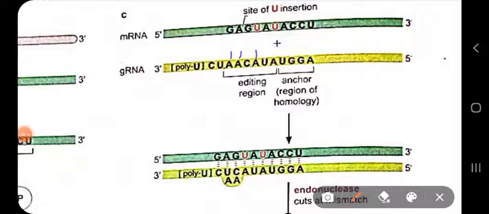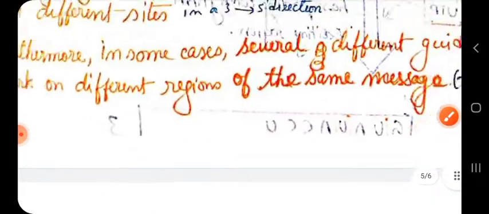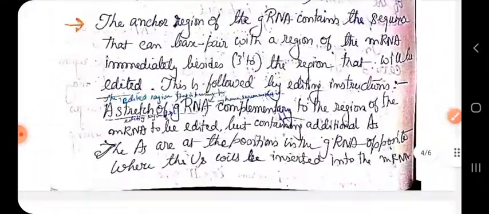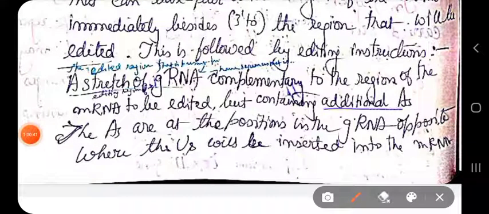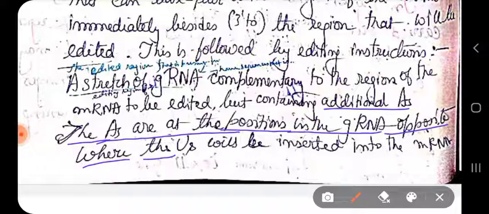Now these adenine residues will be used for guiding the instructions on where U has to be added within the mRNA. I hope you understood what I have tried to say. So that's why it is saying that it consists of additional adenines. These adenines will be at the positions within the guide RNA opposite where the U will be inserted into the mRNA.